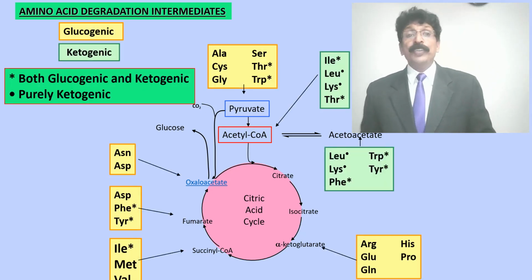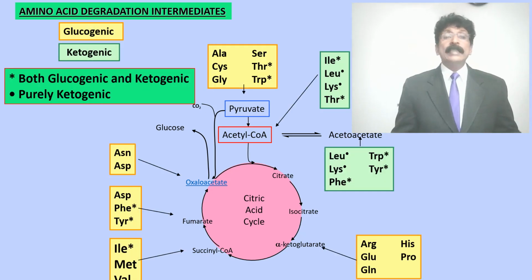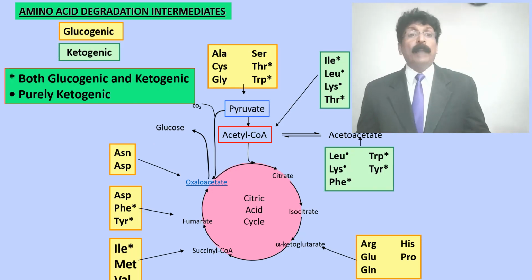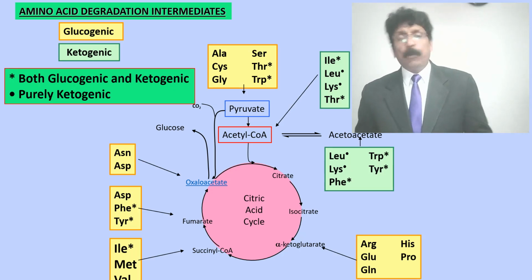You see here, this can give glucogenic or ketogenic, both are purely ketogenic, many compounds, many aliphatic amino acids can be formed.